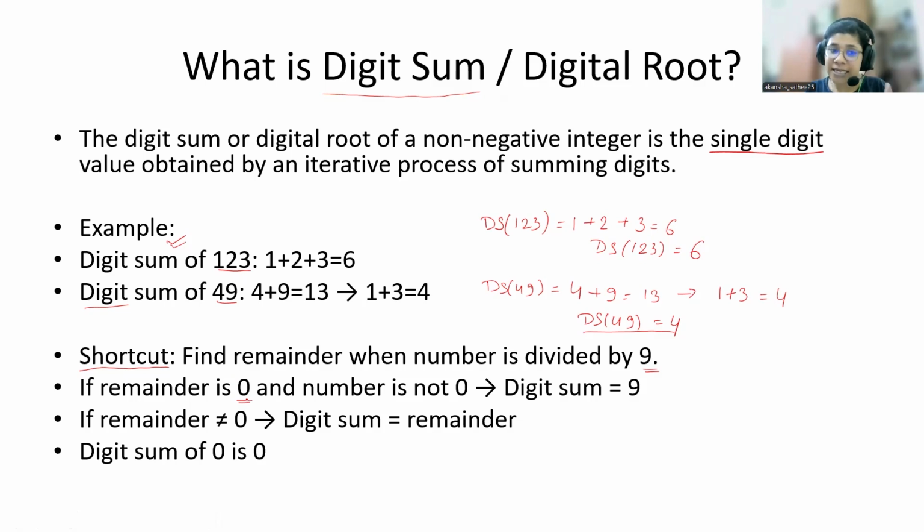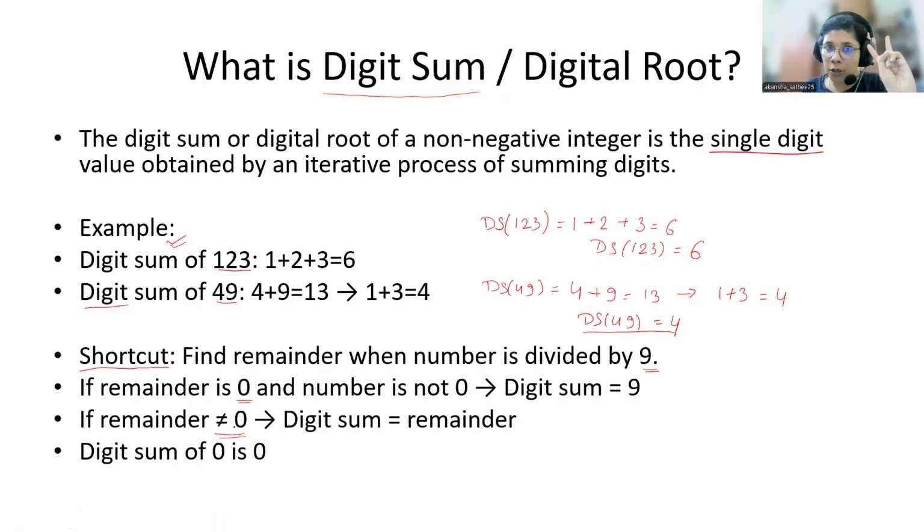And the second case is when the given number is not divisible by 9. If it is not divisible by 9, that means the remainder will be non-zero. So given a number for which you have to calculate the digit sum, you divide it by 9.